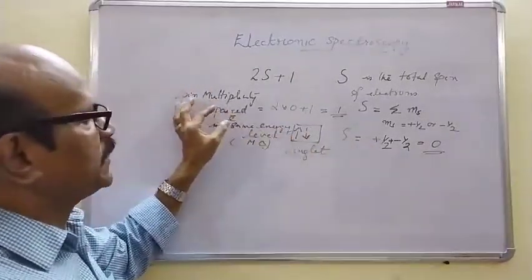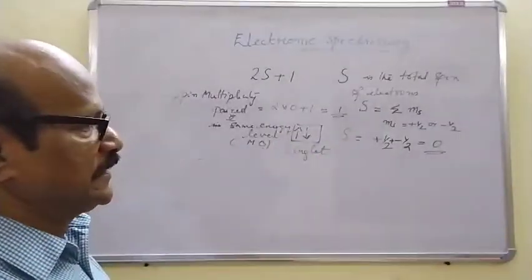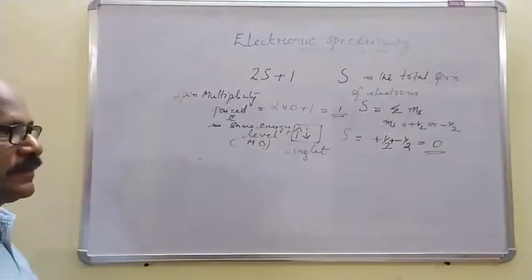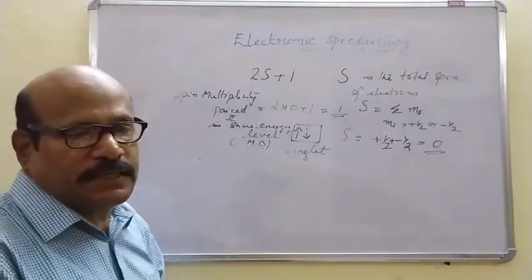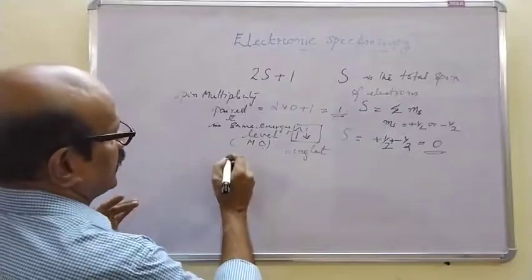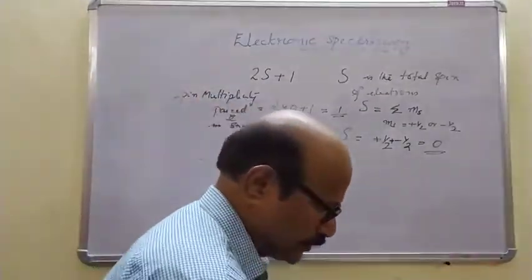The multiplicity is 2 into 0 plus 1, that is 1, called a singlet state. If that is in the same molecular orbital, it is called S0, the singlet ground state.